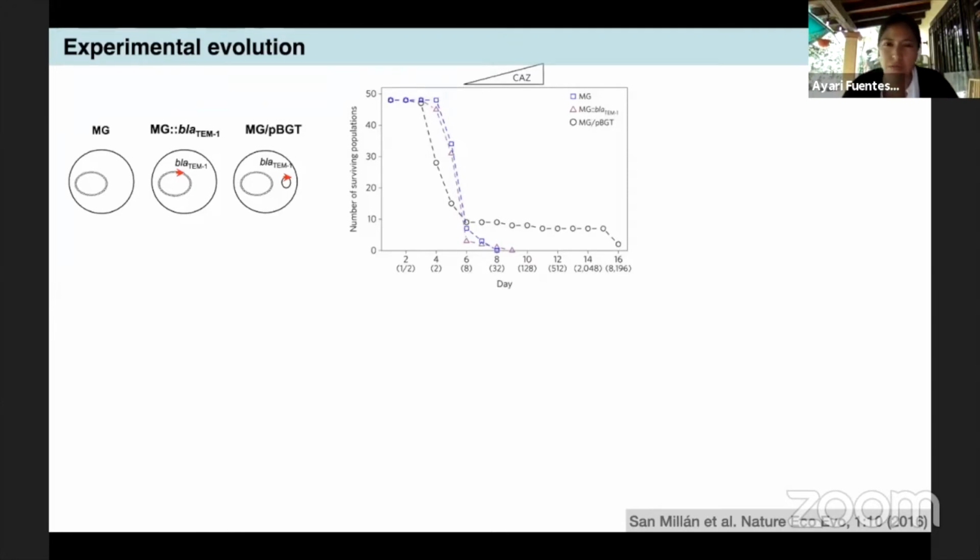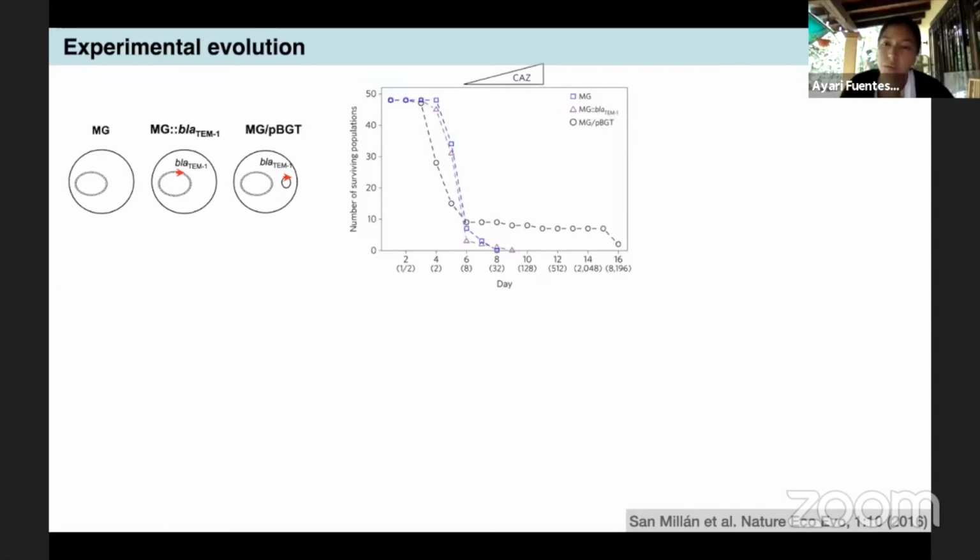They behave really similarly, which means that one copy in the chromosome is not conferring any resistance to this antibiotic. But in contrast, the one that has the plasmid, after the 16 days, is going to be very resistant.